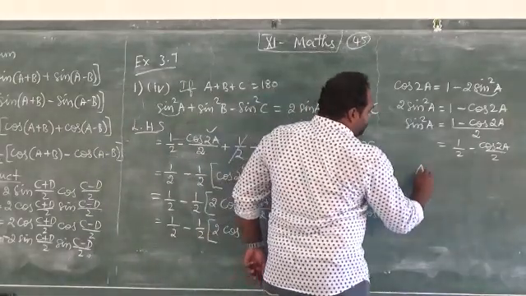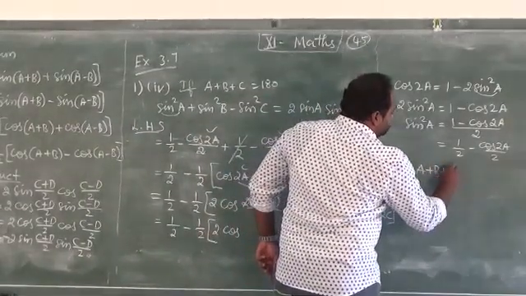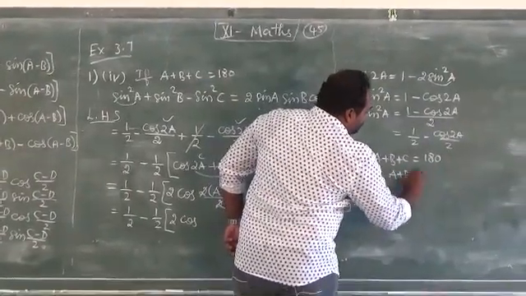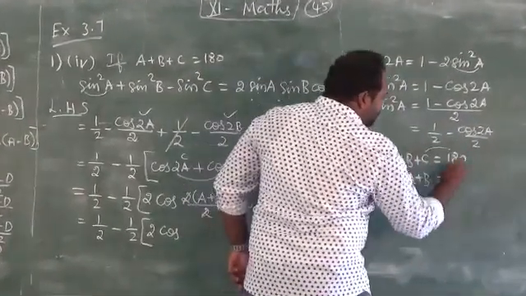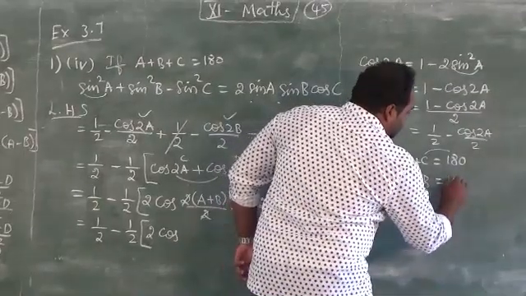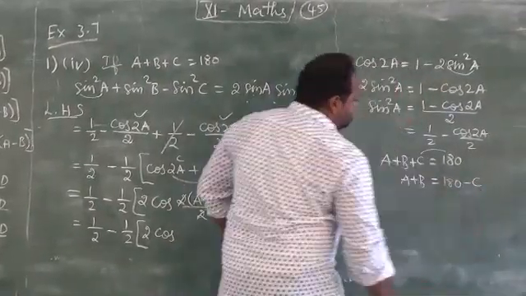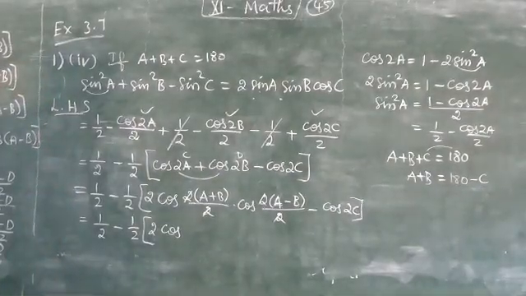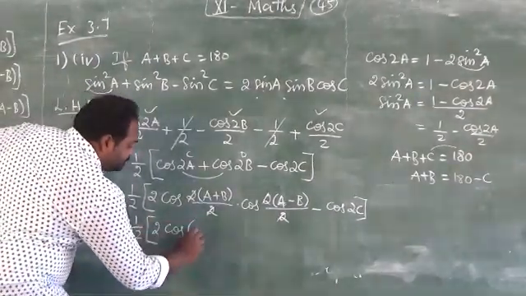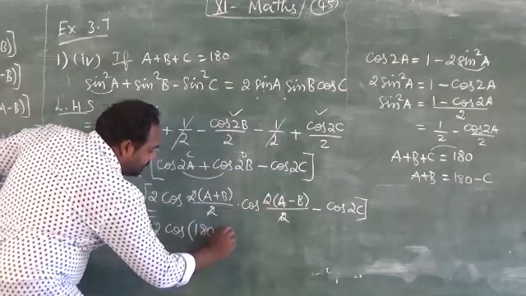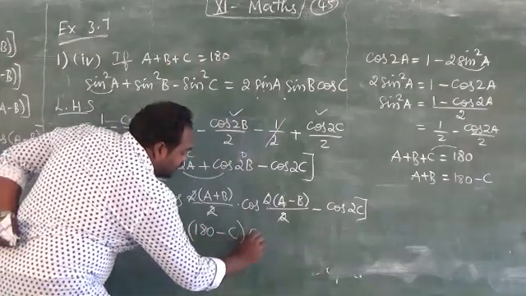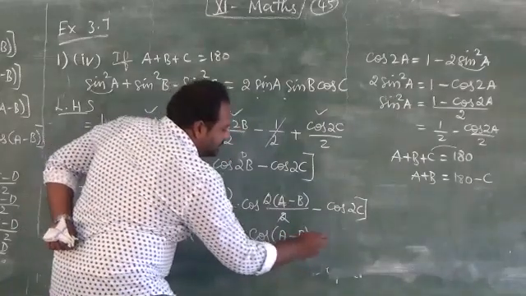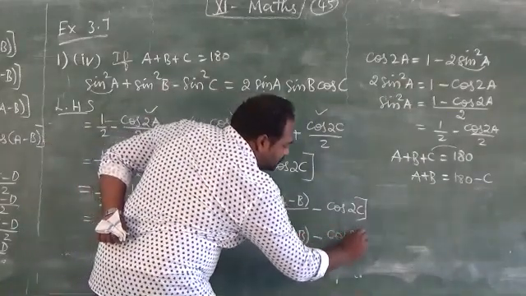By given condition A plus B plus C is equal to 180. So if you want to know the value of A plus B, we have to bring this C this side. This is 180 minus C. So instead of A plus B, I can write 180 minus C. So 180 minus C, cos of A minus B, minus cos 2C.